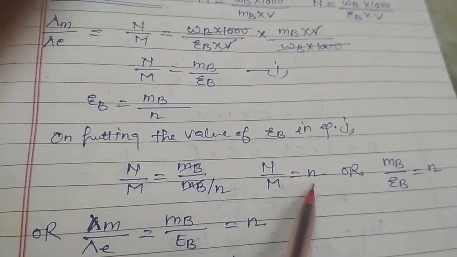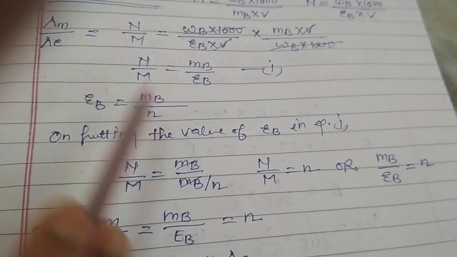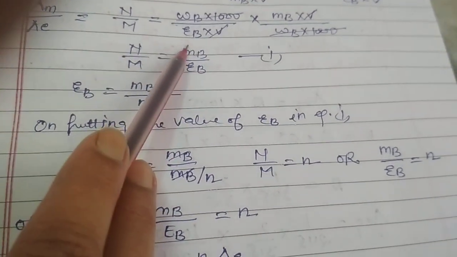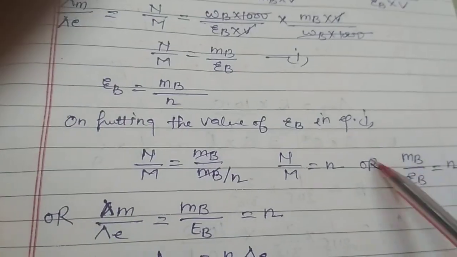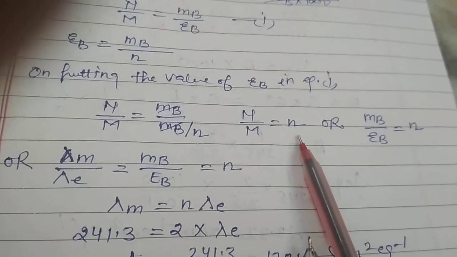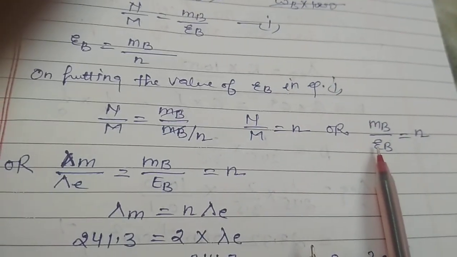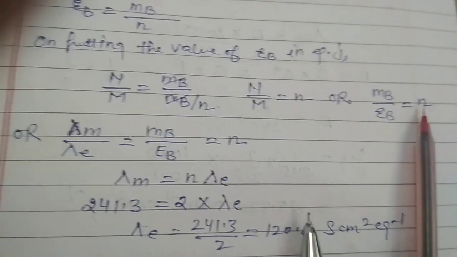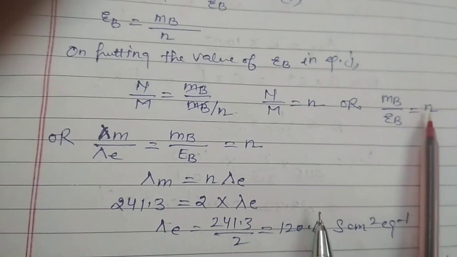Or we may also say, as we know that normality upon molarity is equal to molar mass upon equivalent mass, it means normality upon molarity is equal to n factor and molar mass upon equivalent mass would also be equal to n factor.